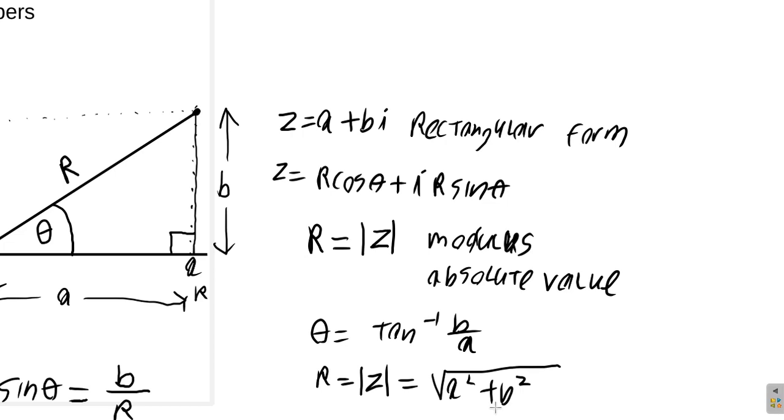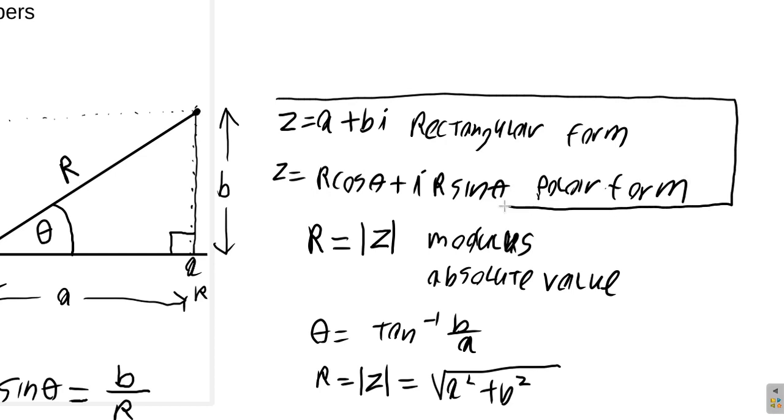So in this case, we have rectangular form and we have polar form of the complex number. The two main forms. Let me put them in a box here.